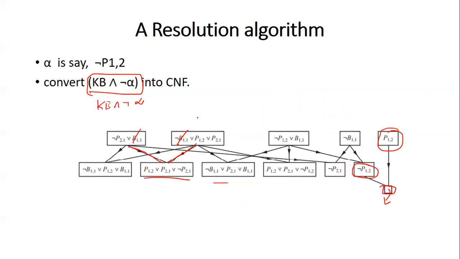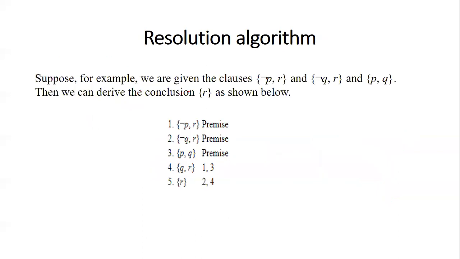So actually, these ORs need not be considered, right? Because once you convert it to clauses, there are no conjunctions or disjunctions there. Say, for example, for given clauses, not P or not Q or R, P or Q or R, we want to derive the conclusion R. So these are the given premises.